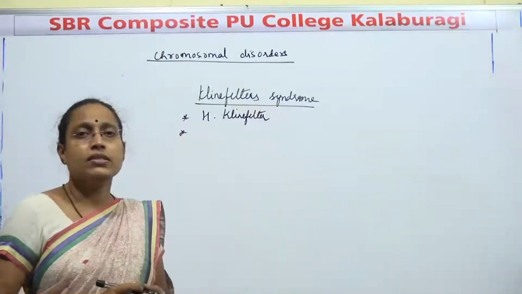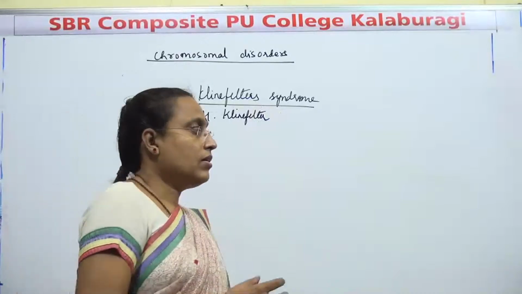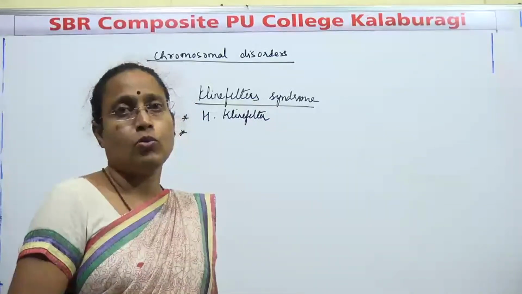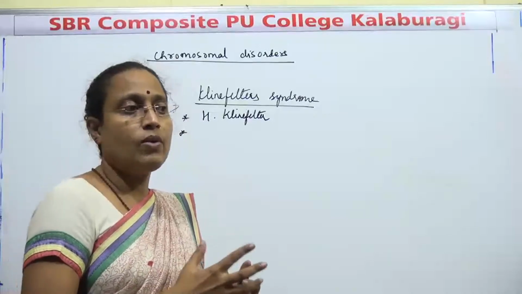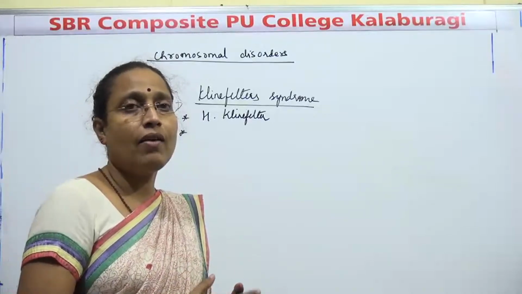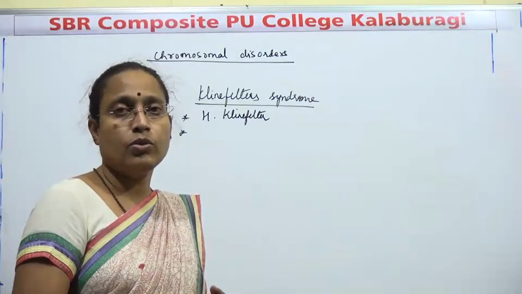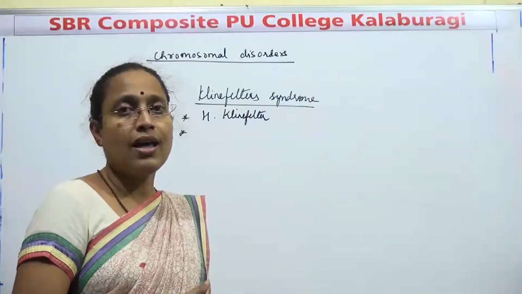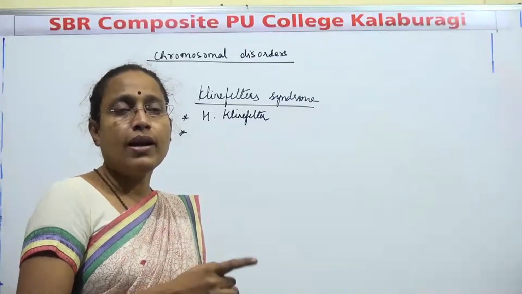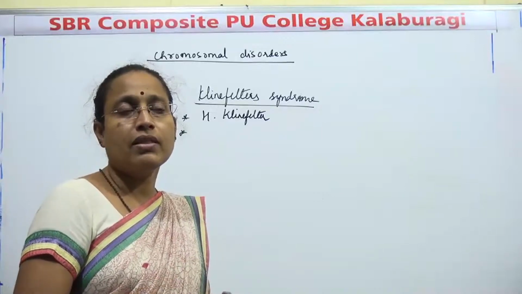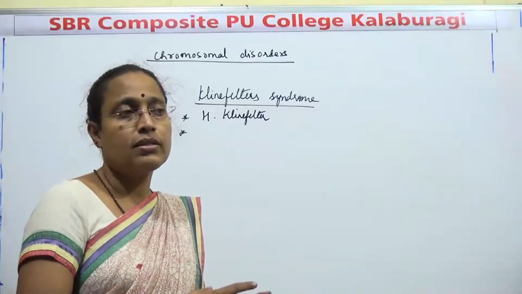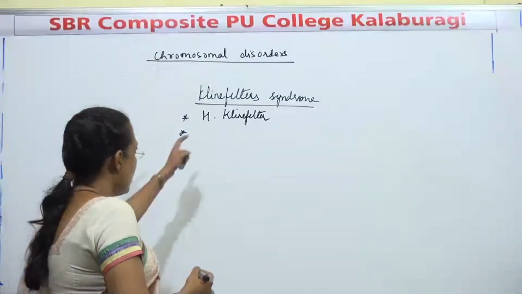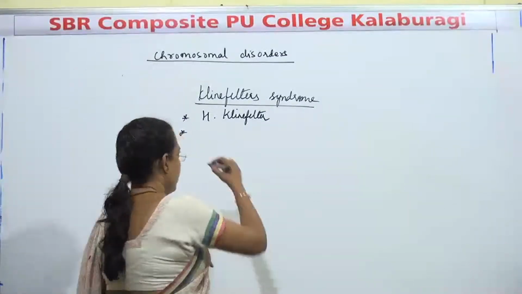What happens in this disease is it affects a male, and a male will have one extra chromosome. Normally a male has X and Y, two chromosomes. What are these chromosomes called? They're called allosomes, also called sex chromosomes. Now one extra X chromosome will be present, and the chromosome complement or combination is going to change. So here it affects males.